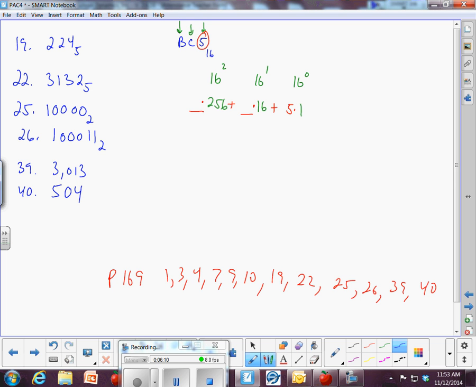There are 16 digits. 0, 1, 2, 3, 4, 5, 6, 7, 8, 9. They also have a 10. We can't show a 10, or you'd think it's a whole different number. We can't show an 11, or a 12, or a 13, or a 14, or a 15. So we use letters.